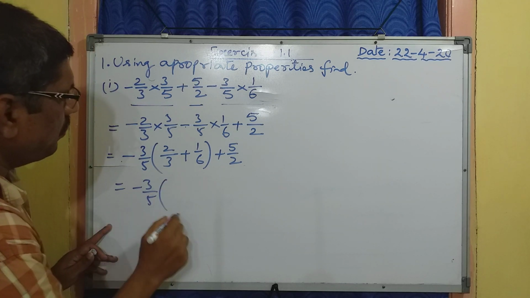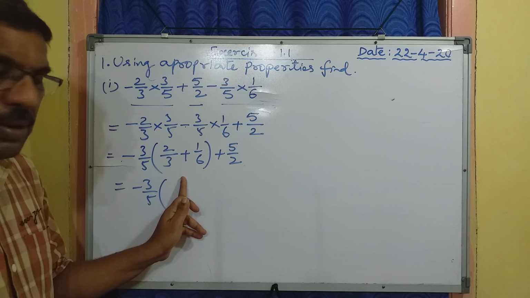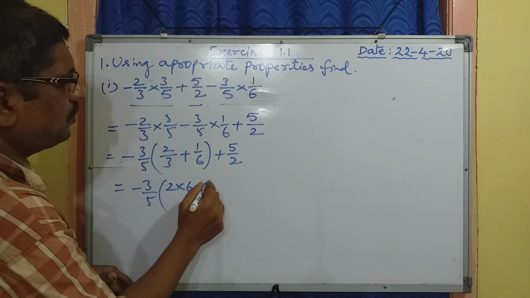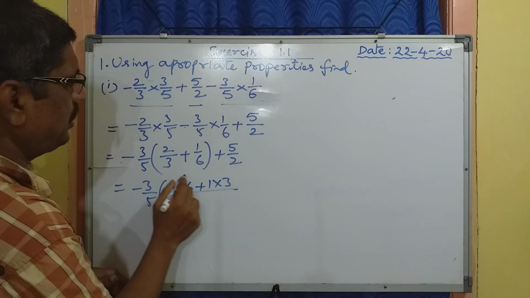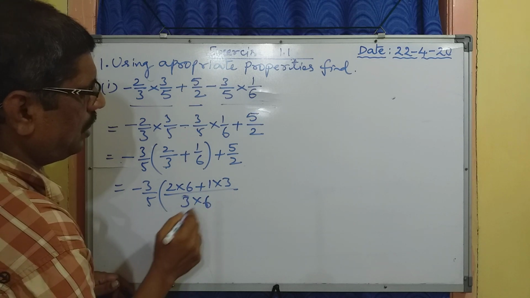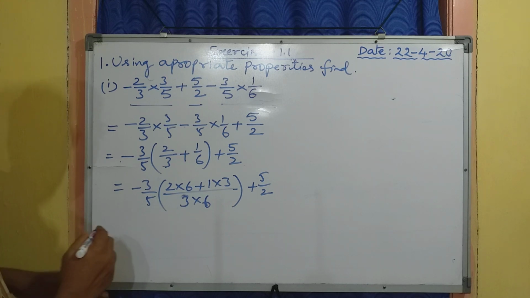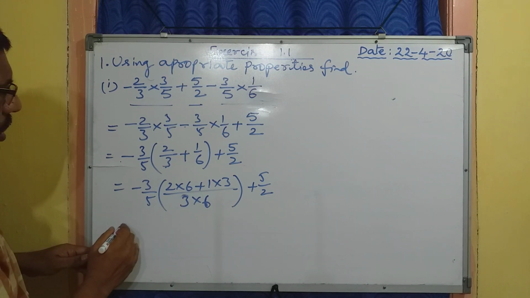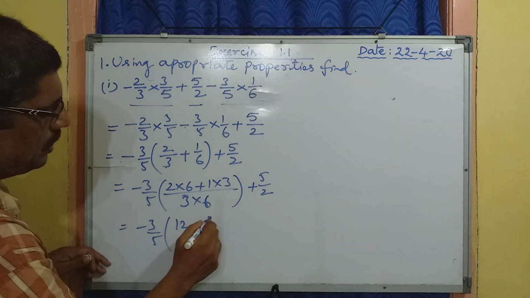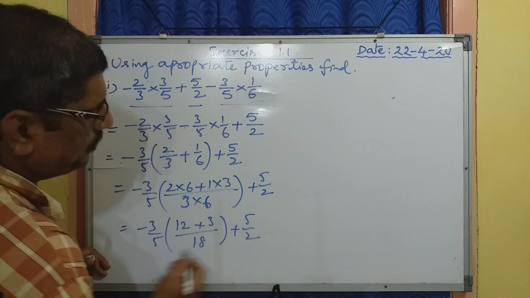Now let us simplify this. Minus 3 by 5. We can simplify this bracket by using cross multiplication: 2 into 6 plus 1 into 3 by 3 into 6, plus 5 by 2. Here minus 3 by 5 into 2 sixes are 12 plus 1 three is 3, by 3 sixes are 18, plus 5 by 2.